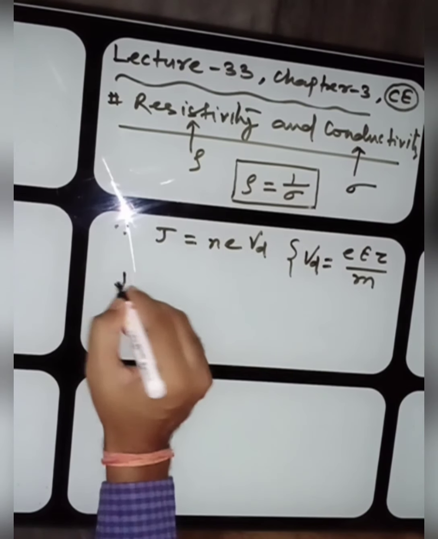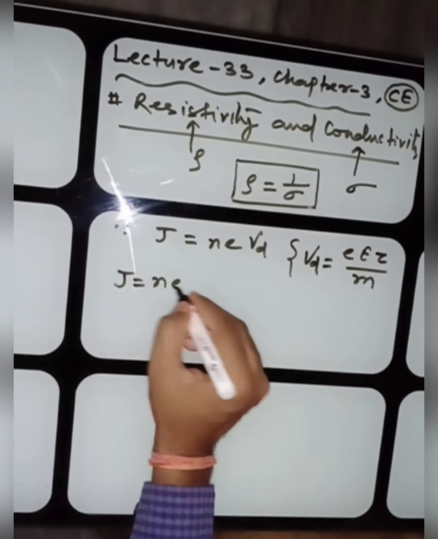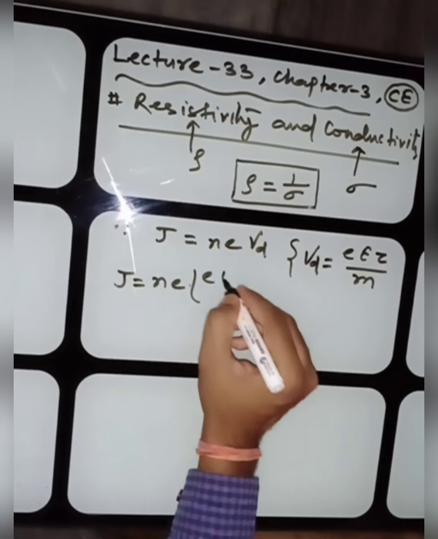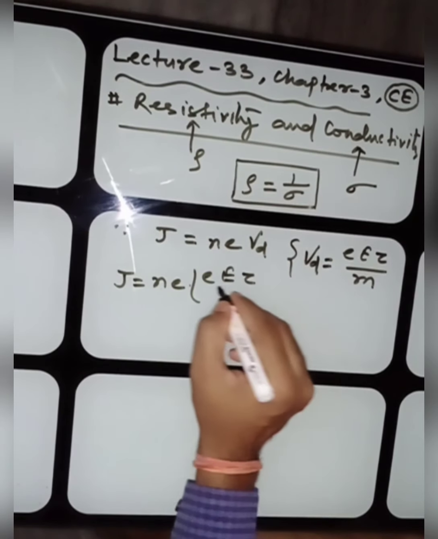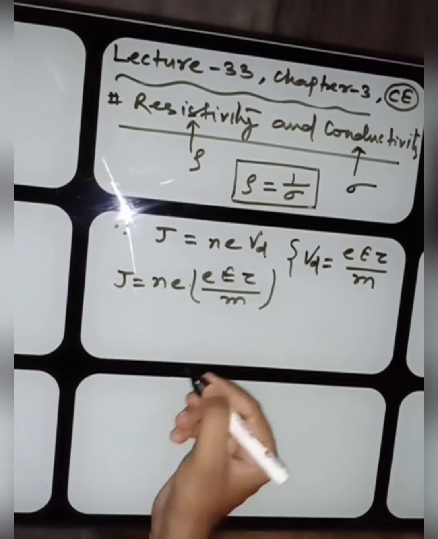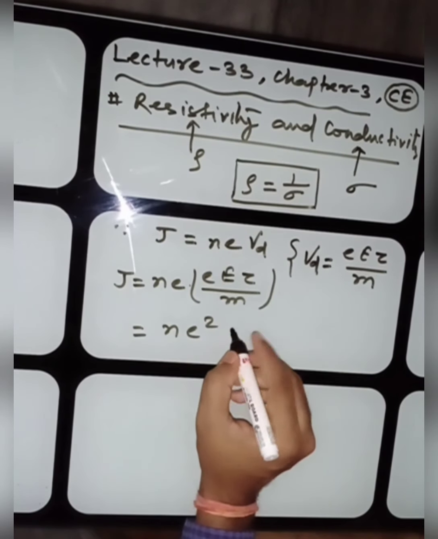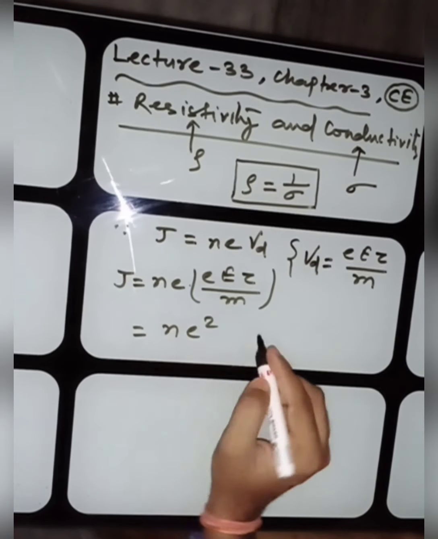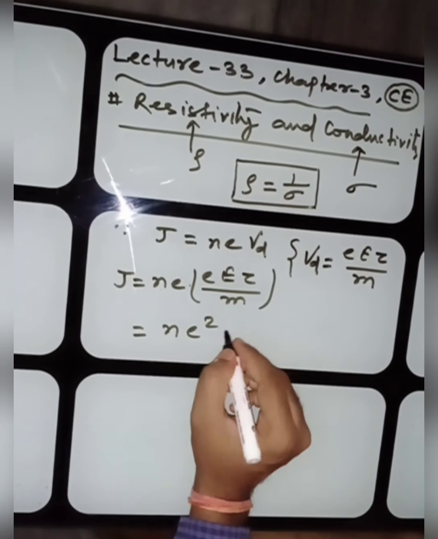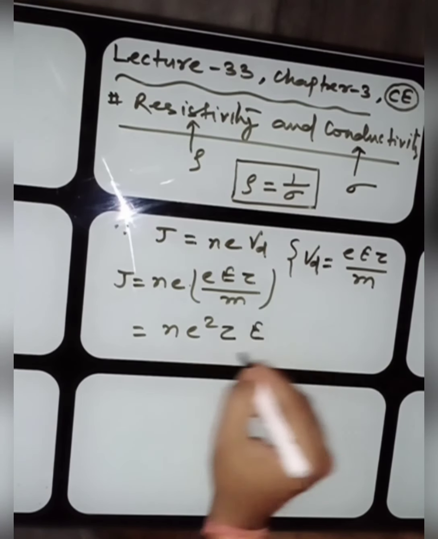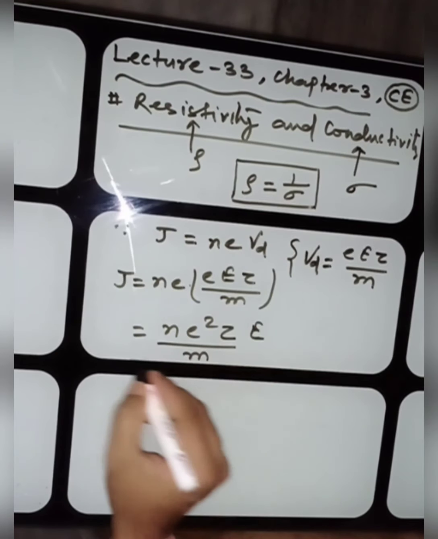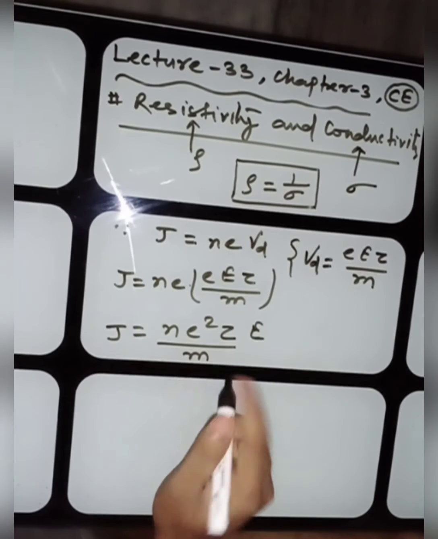So J can be written as n e, and vd is e tau by m. So it is n e square tau E by m. This is the current density.